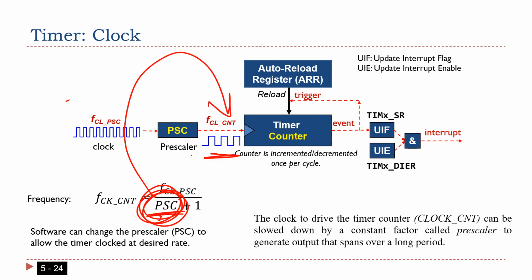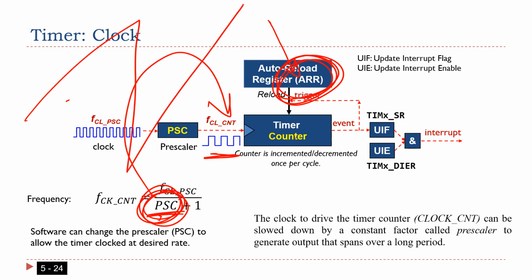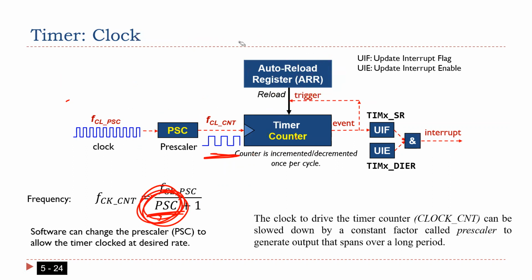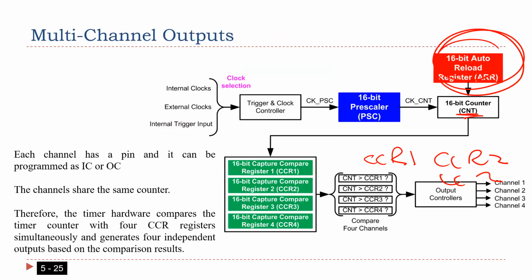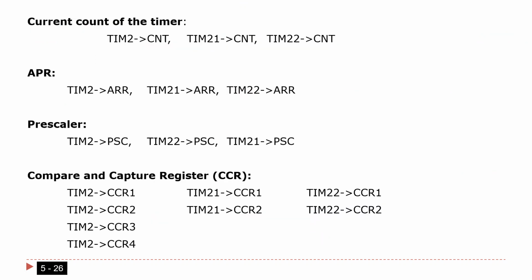Number two, what is ARR and where can I find it? Again, it's a register, and it counts until ARR. Also, there is a register we call CNT, which gives you the current count. And also we have a CCR for each channel.